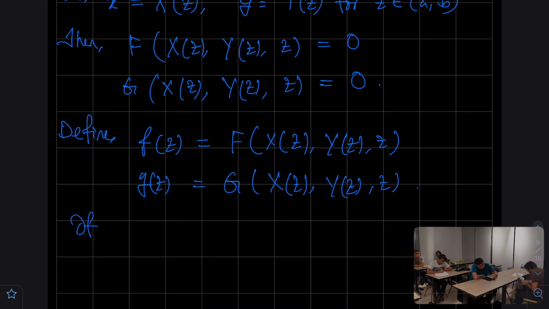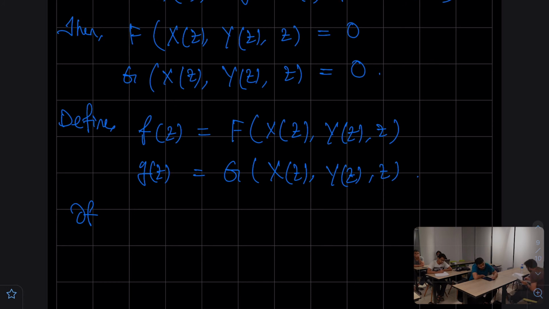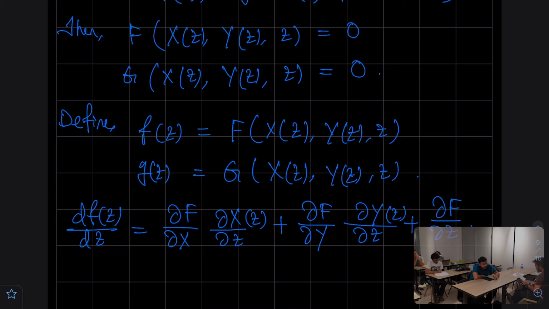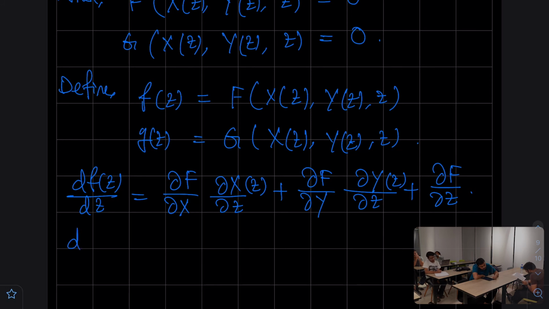Then you take a derivative of it with respect to z. However, this is a function of a single variable, so it's a total derivative. And on the right side you have some partials going on. That's it. Similarly, it's a capital X, by the way.